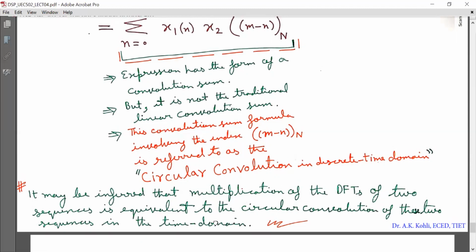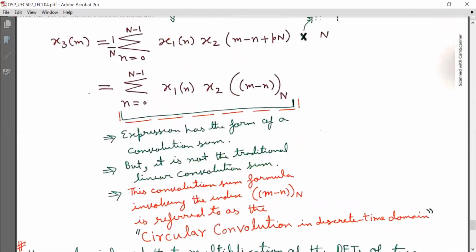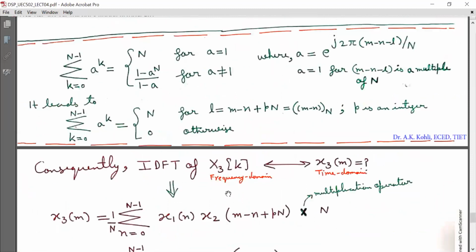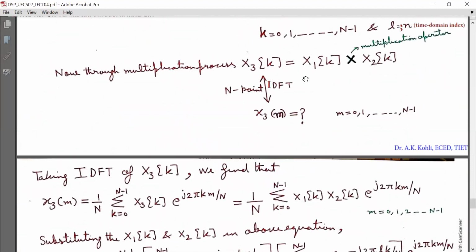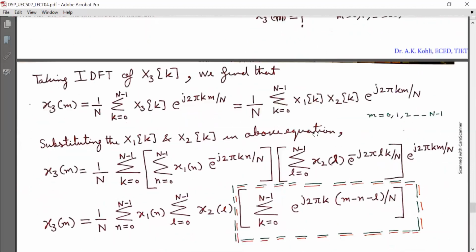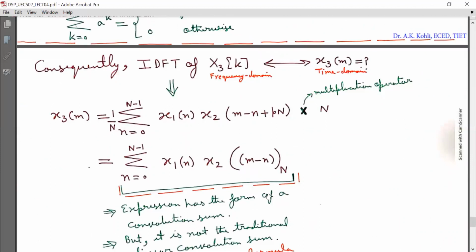This is a statement which needs to be remembered because it has found many applications in the field of communication and signal processing. So we have analyzed that the multiplication of two DFTs is equivalent to circular convolution in discrete time domain.